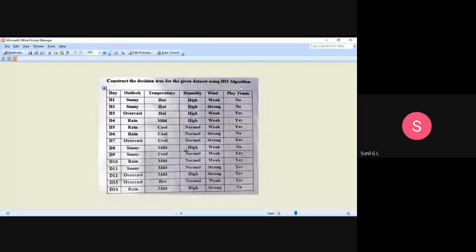Information gain predicts the uncertainty in the data set, which means it gives the purity of the data set whenever you divide it. We will check the information gain for outlook, temperature, humidity, and wind. Whichever has the highest information gain becomes the root of the tree.